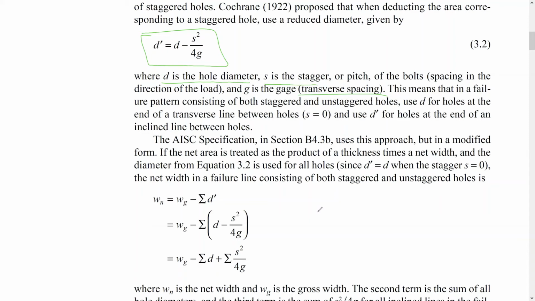The net area all the time is equal to the thickness times the net width, because we are talking about the cross section, so it is always the width times the thickness.